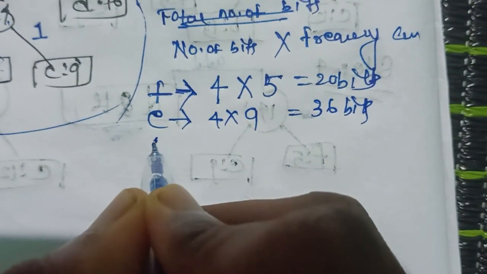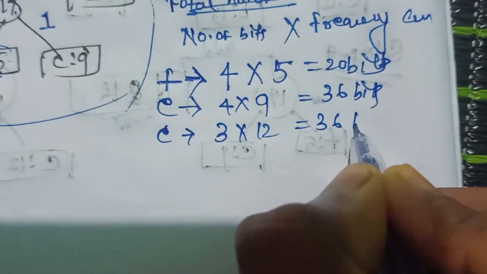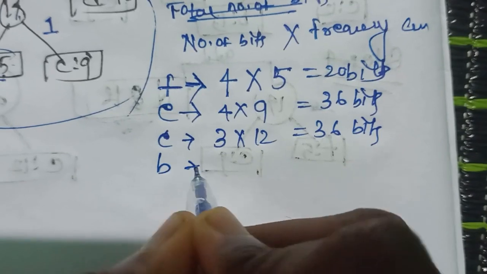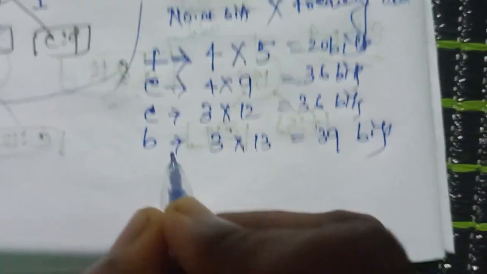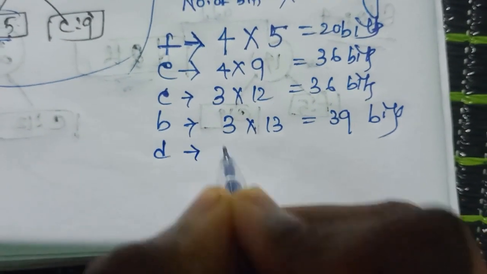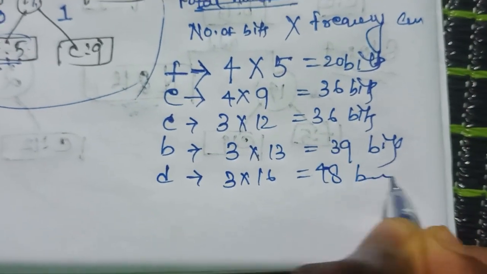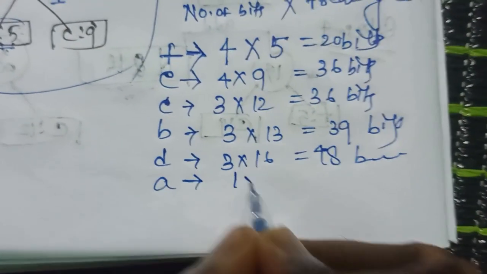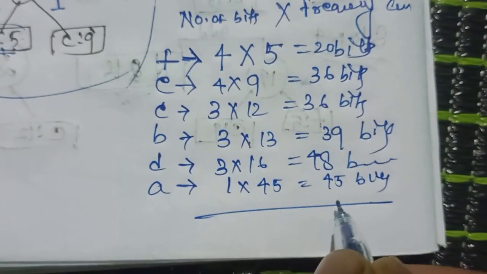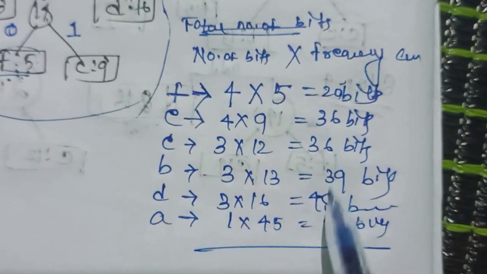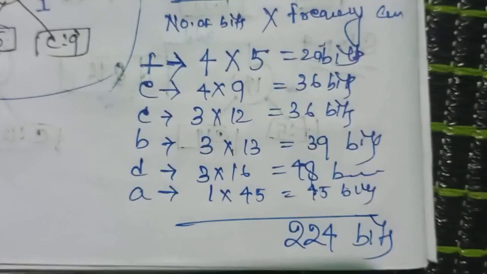For C, 3 into 12, 36 bits. For B, 3 into 13, 39 bits. For D, 3 into 16, 48 bits. For A, 1 into 45, that is 45 bits. Then the total bits, we simply add these, is 224 bits.